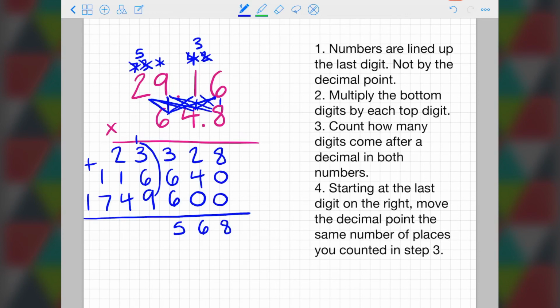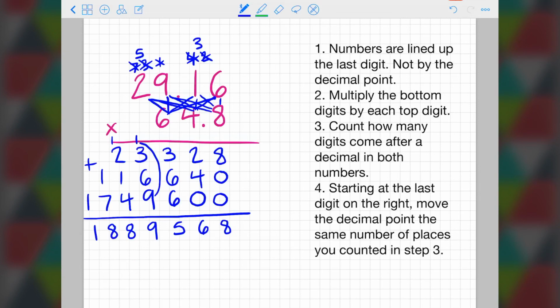And then 3 and 6 is 9. So 10 plus 9 is 19. Carry the 1. 1 plus 2 plus 1 plus 4 should be 8. And 1 plus 7 is 8. And then nothing plus that last one is just going to be 1. Wow, that's a pretty big number.